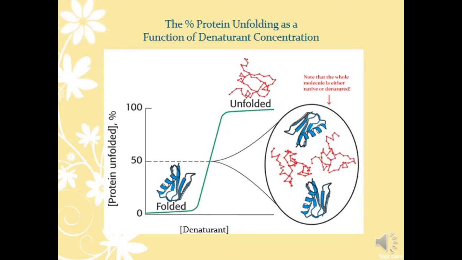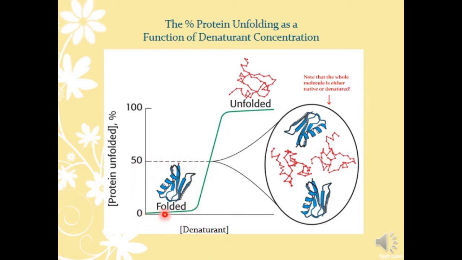So this graph shows the percentage of unfolding protein versus denaturant. Initially the protein is in folded state.